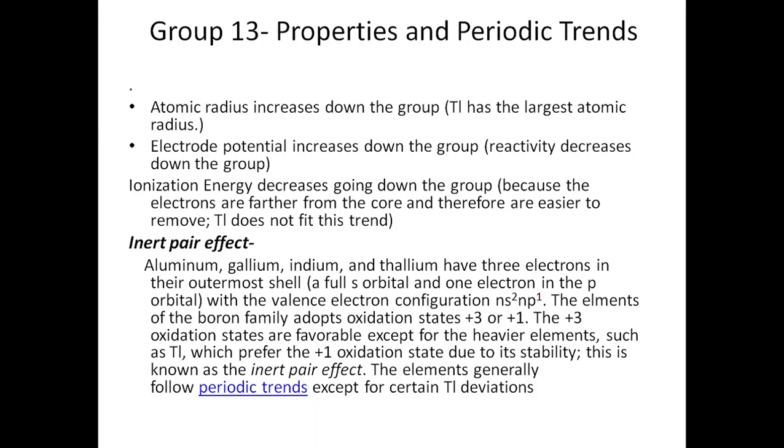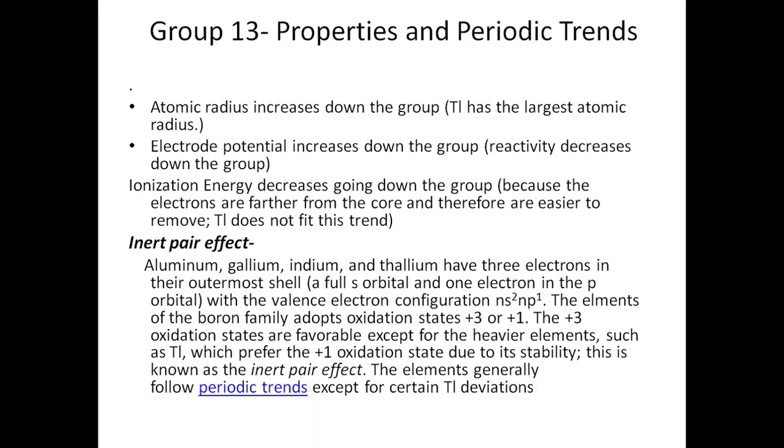Now these 13th group elements show the inert pair effect. Aluminium, gallium, indium and thallium have 3 electrons in their outermost shell, a full s orbital but only one electron in the p orbital. With the valence electronic configuration, general configuration is ns2 np1. The elements of the boron family adopt oxidation state +3 or +1. The two types of oxidation states are there.